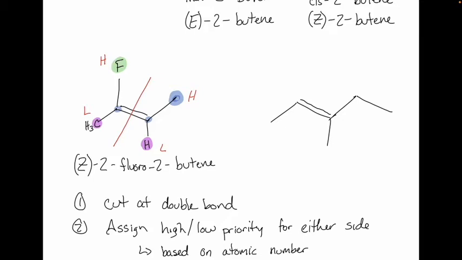But step one, find that longest continuous set of carbons, find our parent chain. In this case, there's 5 carbons, so I'm going to use what prefix? Pentene. Pent, yep, and it's going to be a pentene because there's a double bond in there. Take a second and see if you can finish off the name of the core part of this, and then we'll worry about stereochemistry here.